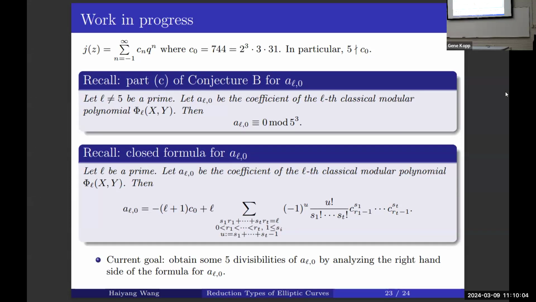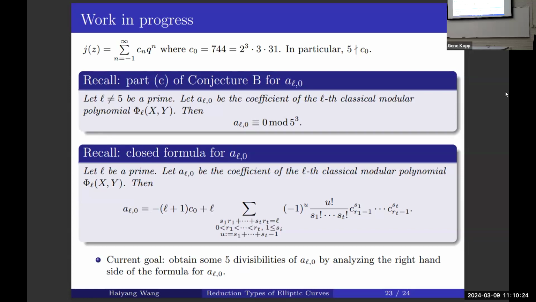Part C of conjecture B for a_{L,0} says that a_{L,0} should be divisible by 5 cubed in general. Recall that here is a formula for a_{L,0}, and c_0 is equal to 744.